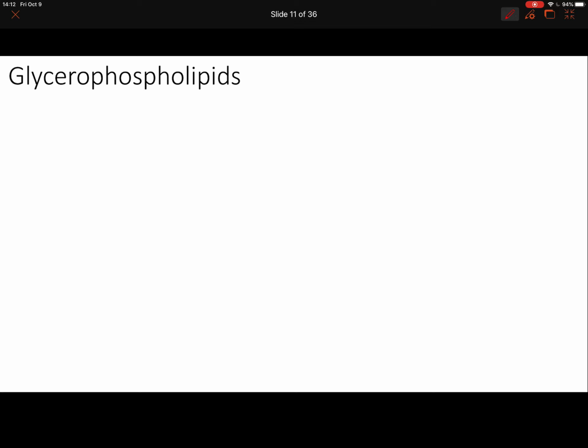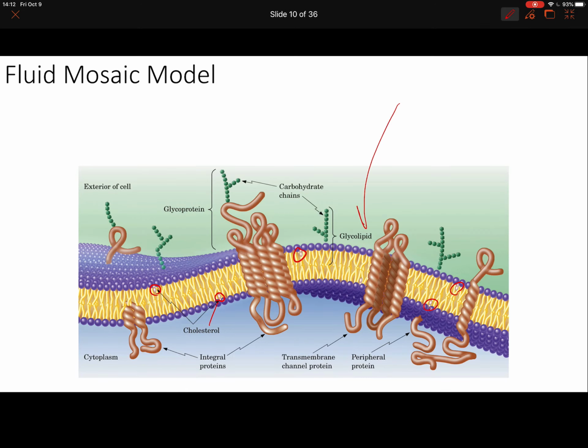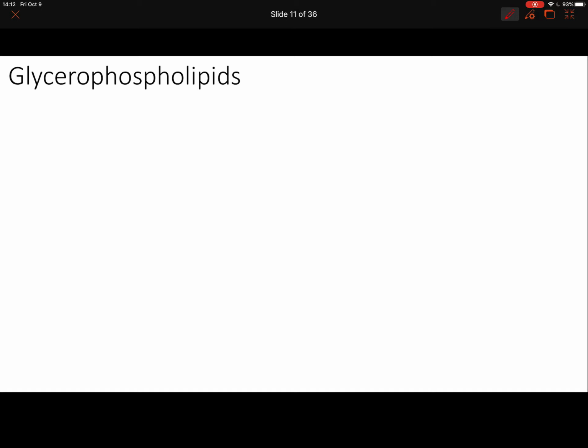All right, let's talk about glycerophospholipids. So glycerophospholipids, also called phosphoglycerides, are the second most abundant group of naturally occurring lipids. Okay, so these that we're looking at here, a great proportion of these are glycerophospholipids. The others are going to be just the phospholipids with the sphingosine in them.